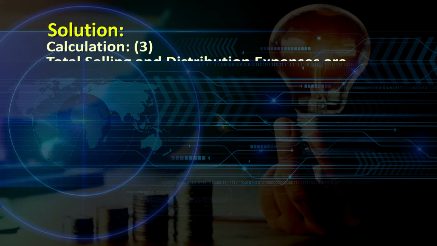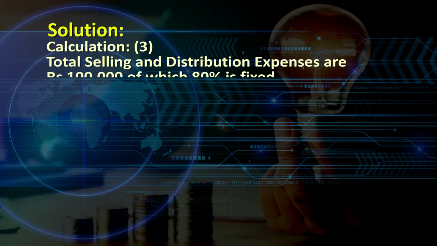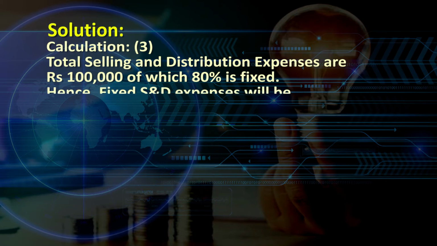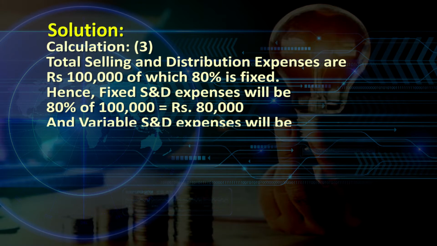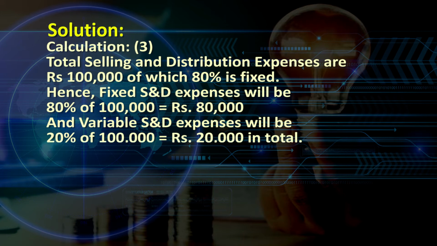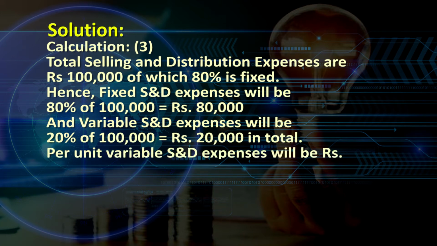Let us take the third calculation. Total selling and distribution expenses are rupees 1 lakh of which 80% is fixed. Hence, fixed selling and distribution expenses will be 80% of 1 lakh, which is equal to rupees 80,000, and variable selling and distribution expenses will be 20% of 1 lakh, which is equal to rupees 20,000 in total.